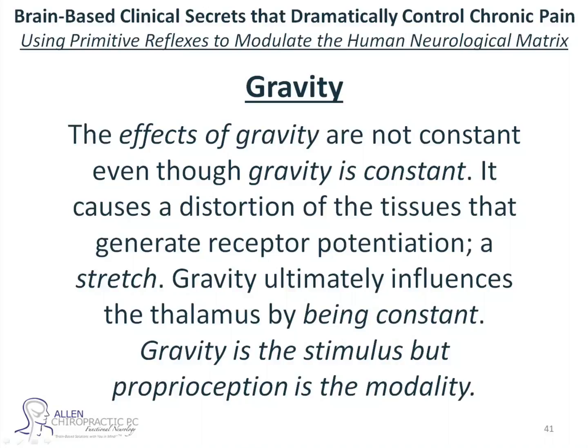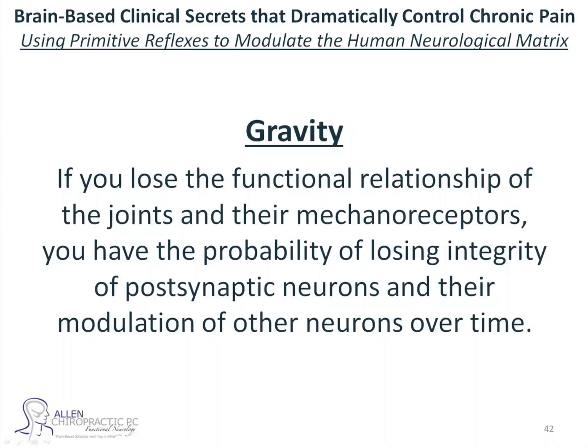Gravity ultimately influences the thalamus by being constant. Gravity is the stimulus, but proprioception is the modality. Gravity is constantly there, so it drags on our tissues, and it's the perception of that drag through proprioceptors that causes the nervous system to perceive your position in your environment.